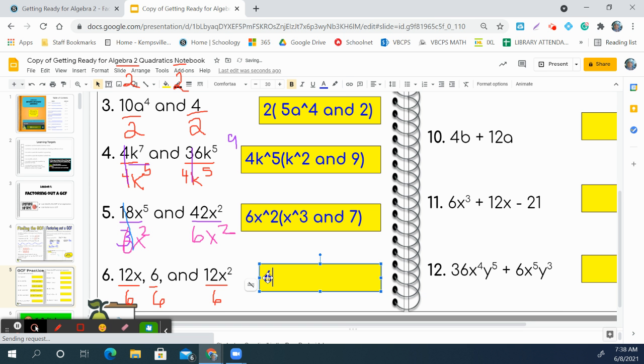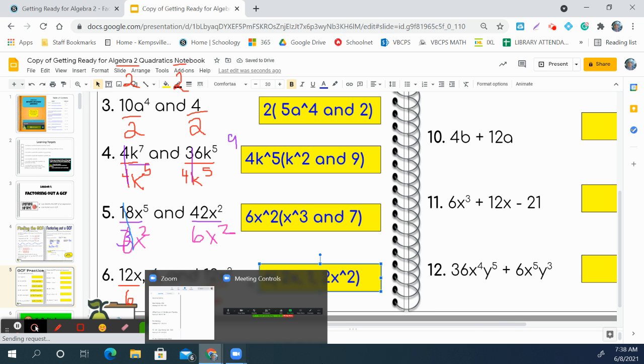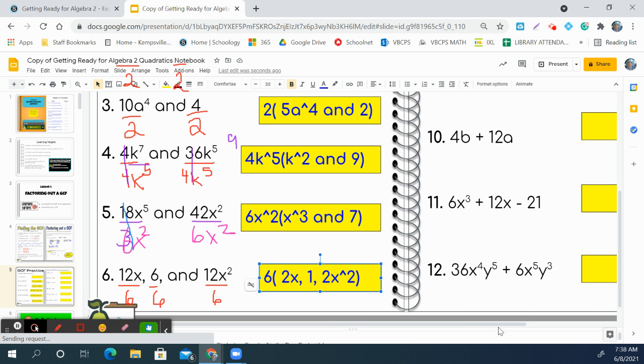So 6 goes out, and then 2x to the 1 and 2x are left over. It is a 1 because 6 divided by 6 is 1. You've got to notice that those don't evaporate. 6 divided by 6 is 1. We don't have any operations in the middle of these parentheses because we didn't have any operations over here.